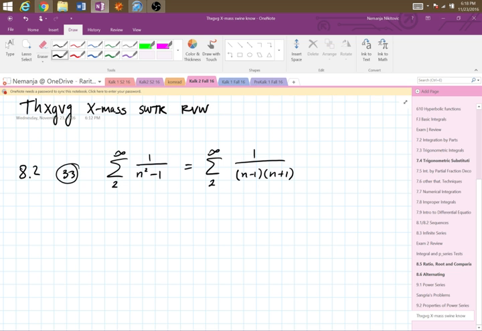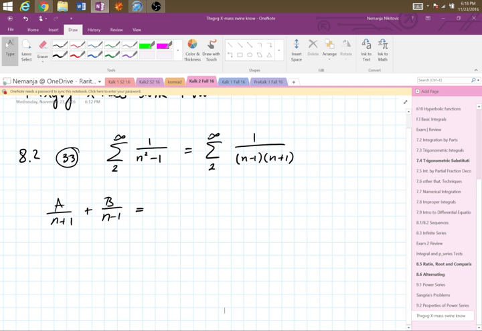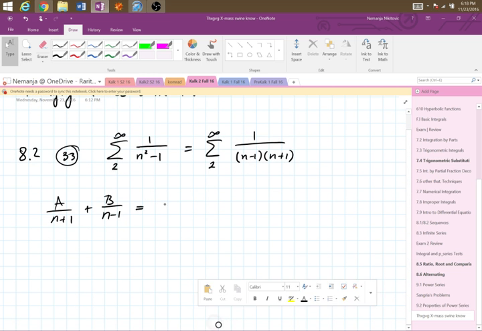So we will have A over n plus 1 plus B over n minus 1, which gives us 1 over (n minus 1)(n plus 1).